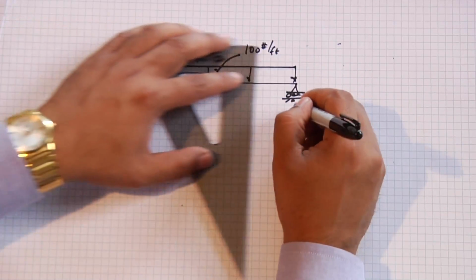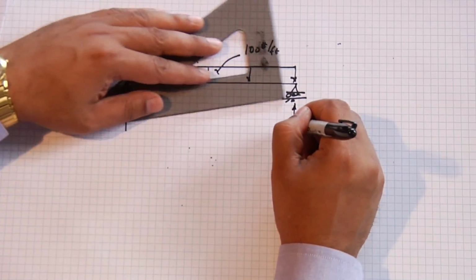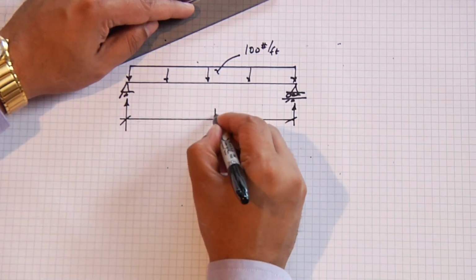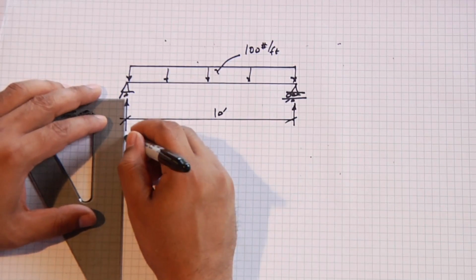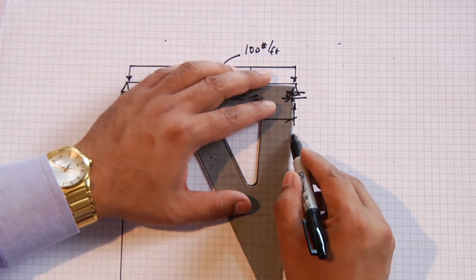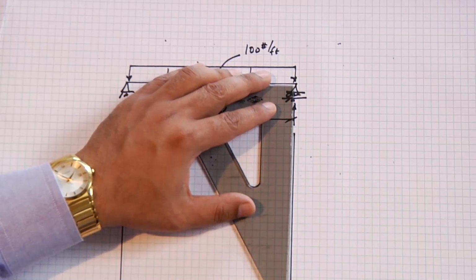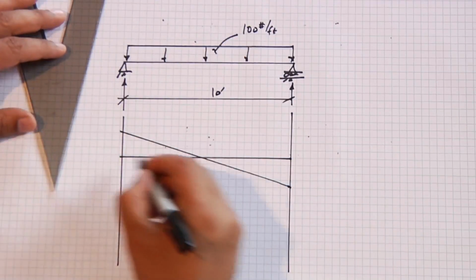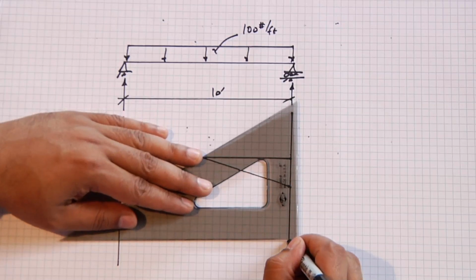We have a left reaction, our right reaction. We'll set the span at 10 feet. And we drew the shear diagram in the last module. If you recall, that was a straight line shear diagram. And here's our moment diagram.